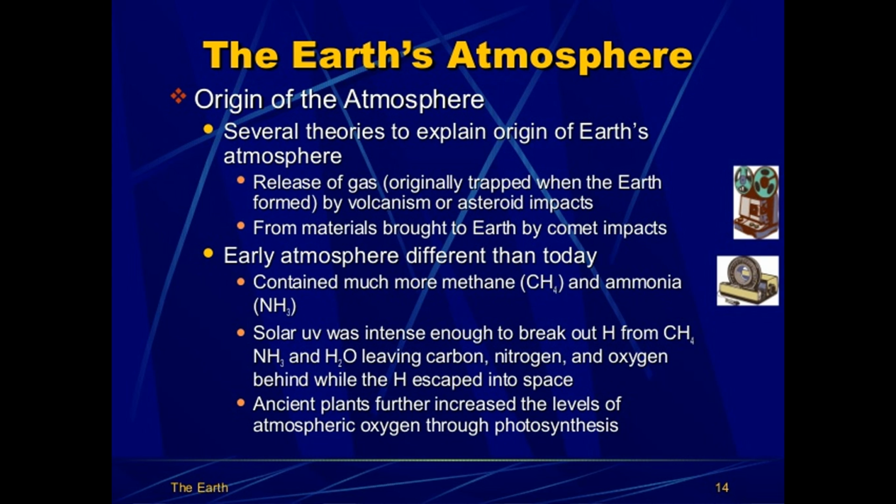They are broken down by solar UV rays, and for that, hydrogen is separated from them, and the rest of the gases are mixed with the atmosphere, that are carbon, nitrogen, and oxygen. Apart from them, oxygen increased from the photosynthesis process that happened beneath the ocean.